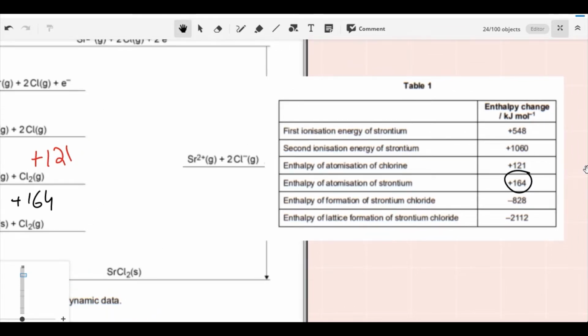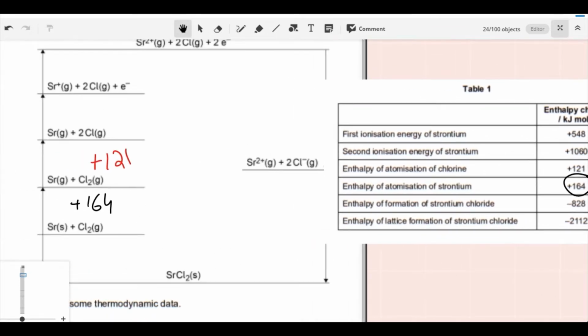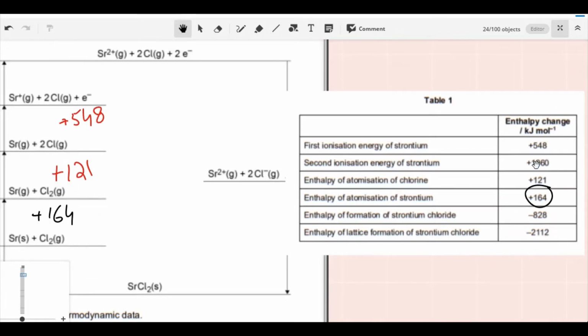The third one: the strontium Sr atom is converted into an ion. One electron is lost from the strontium atom, so that is the first ionization energy of strontium, 548. I will write plus 548. Now we need the second ionization energy, because Sr+ is converted into Sr2+ and another electron is lost.